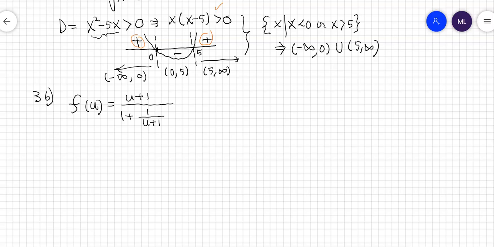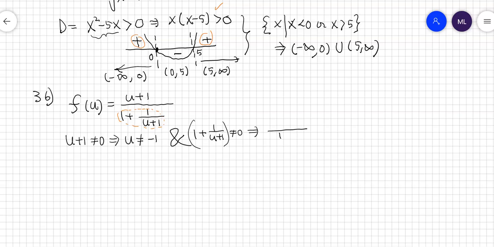The first condition is u plus 1 cannot be 0, meaning u cannot be negative 1. And the entire denominator here cannot be 0. In other words, 1 plus 1 over u plus 1 cannot be 0.